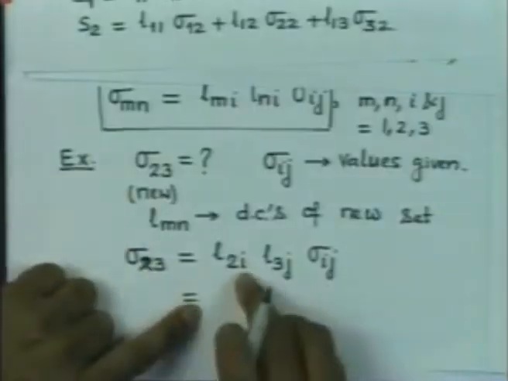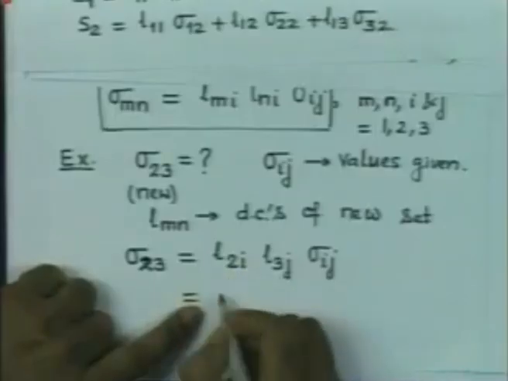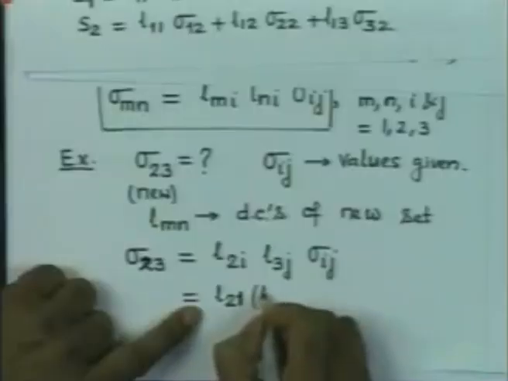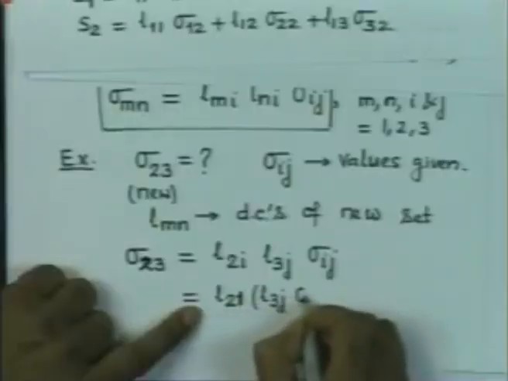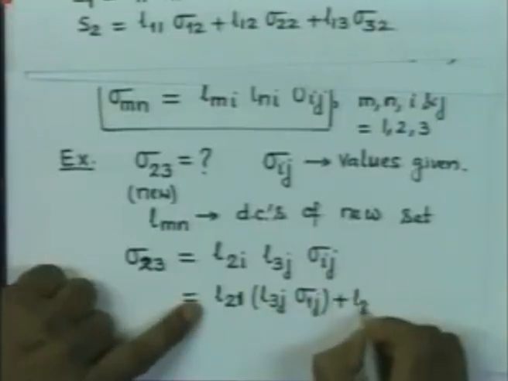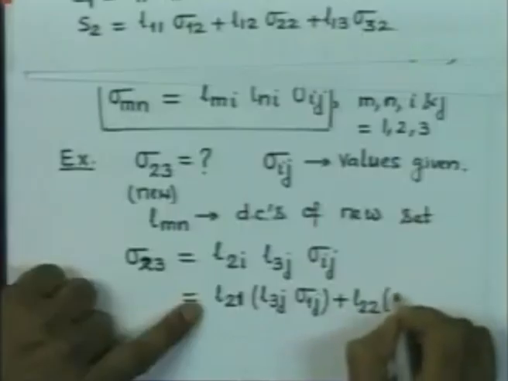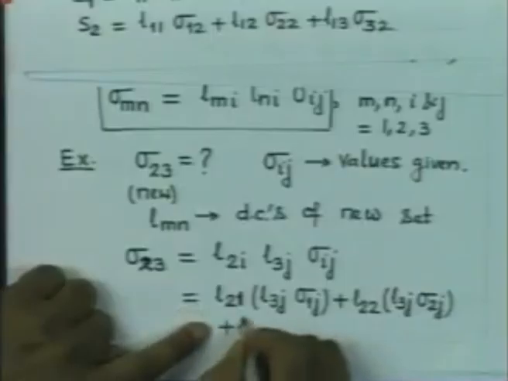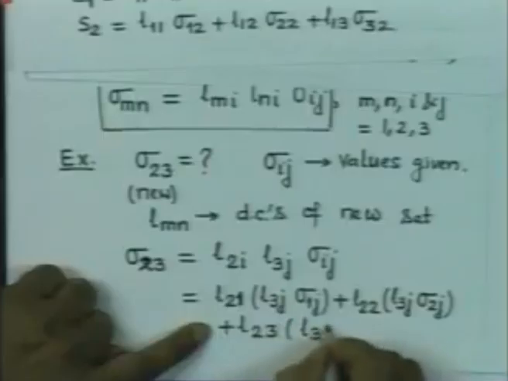If I take the value of i to change first, I can write this as L21 into L3j sigma 1j plus L22 L3j sigma 2j plus L23 into L3j sigma 3j.